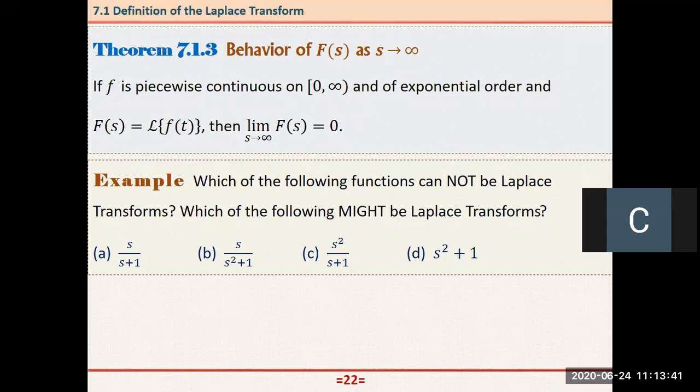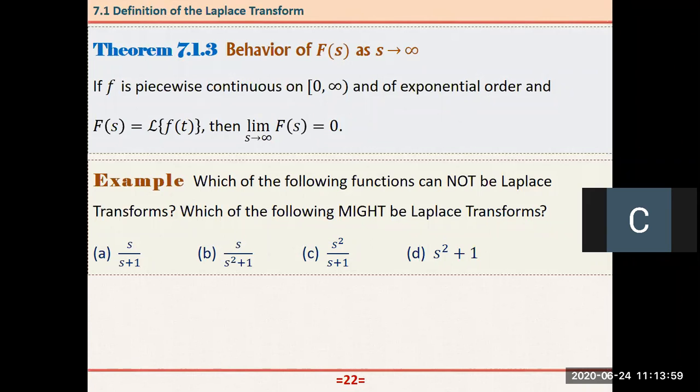So, the behavior of F of s as s goes to positive infinity. This is also a theorem, and the proof is beautiful, but here I will omit it, unfortunately, and I'll try to make a video proving these theorems and share it with you.